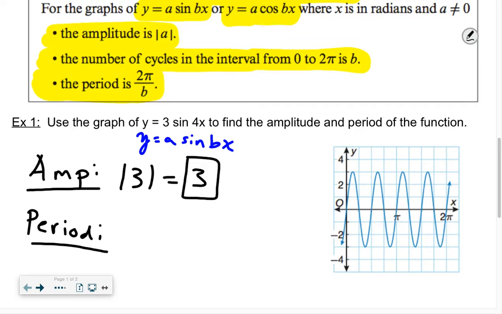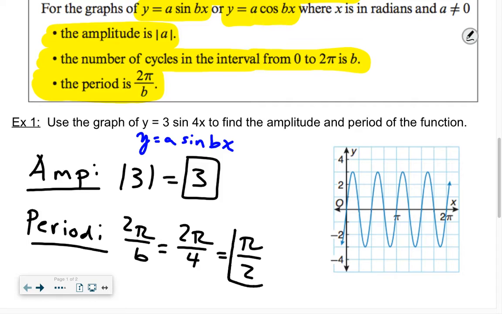Period. How do we find it? Well, we take 2 pi and divide it by b. That's what our chart tells us to do. B value is 4. Therefore, the period is pi over 2.